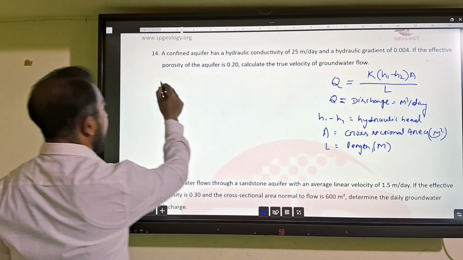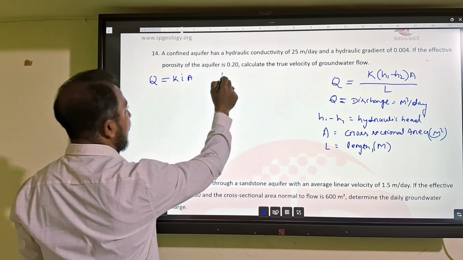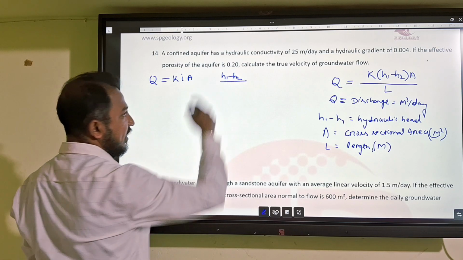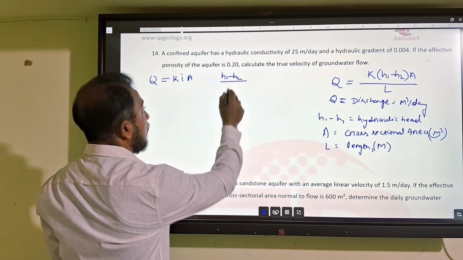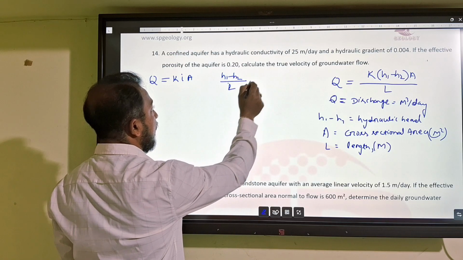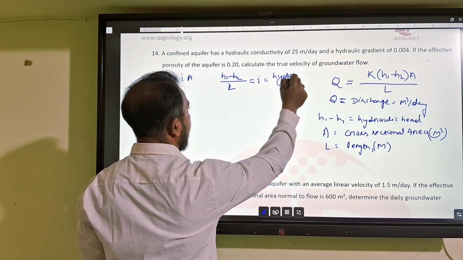So it can be written like this: Q equal to KIA, where H1 minus H2 is called your head difference, or you can say hydraulic head, and by L it will be I. It is called your hydraulic gradient.